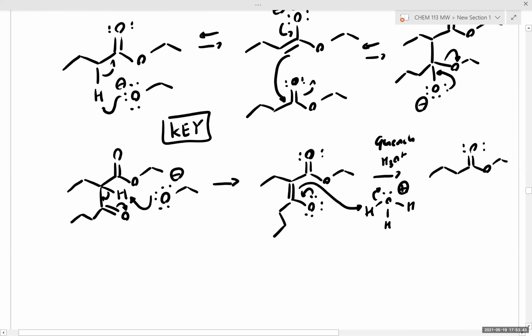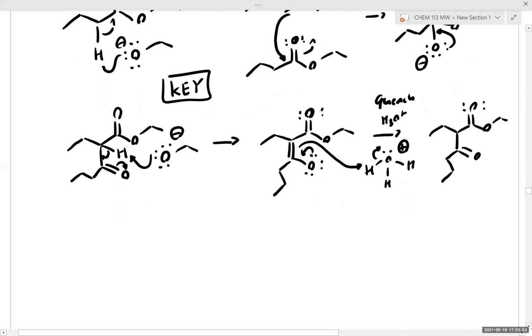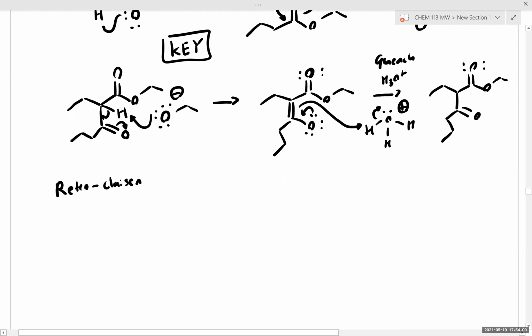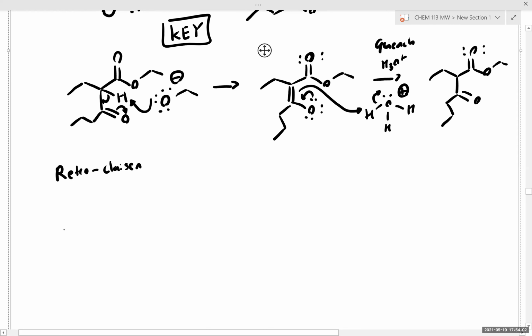Otherwise, what we can see are what are known as retro-Claisen reactions. So let's show what happens under a retro-Claisen process. So suppose that you are not able to perform this deprotonation step.